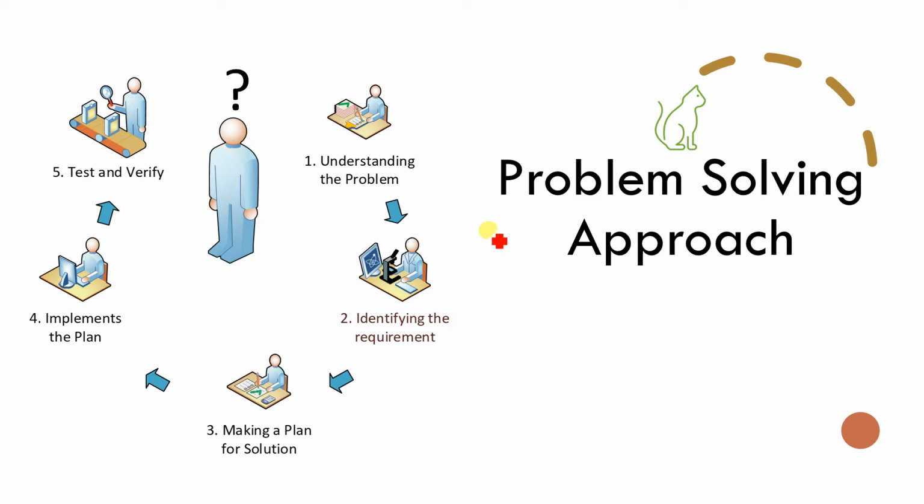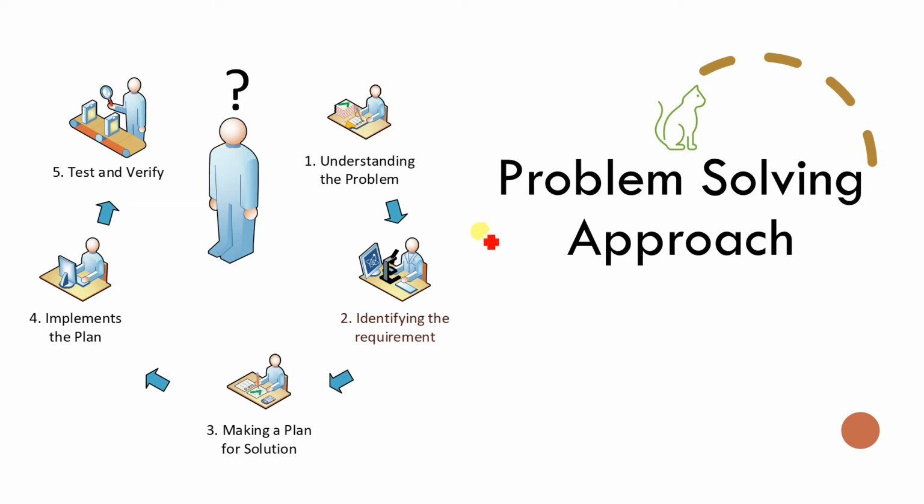Before we write any program, we need to understand the problem properly so that we can develop the logic, or write the steps that a computer can directly understand and execute sequentially.